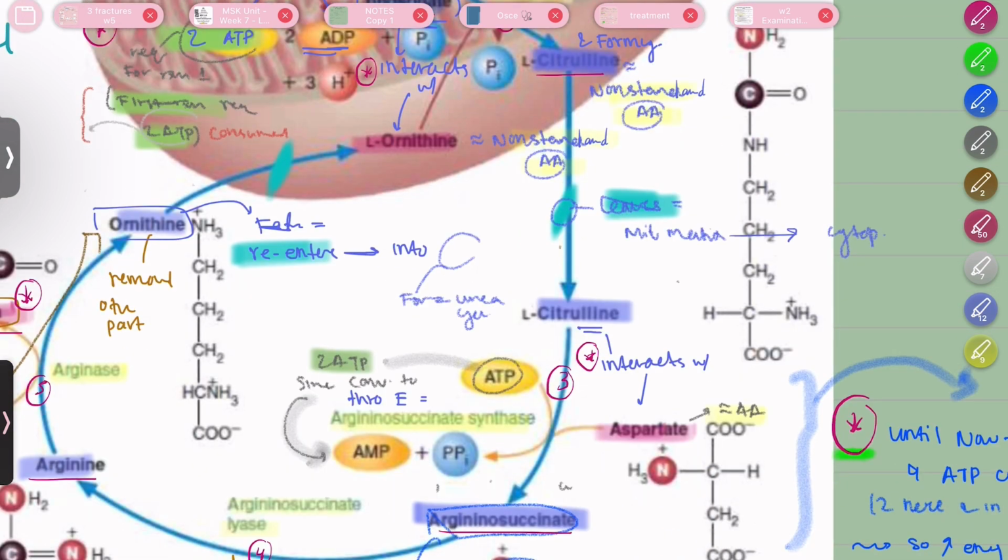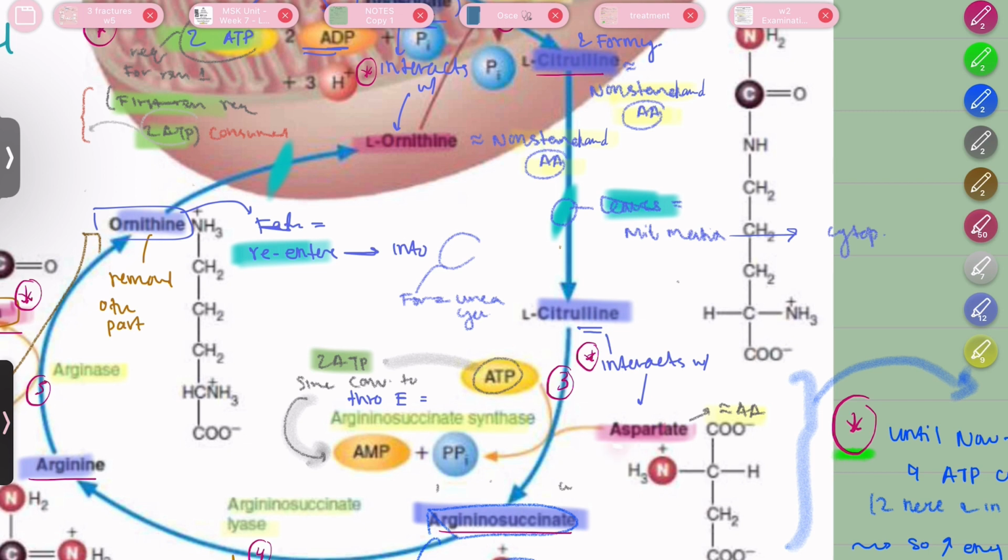And then we will start off with our reaction number three, which is the conversion of citrulline to argininosuccinate by this enzyme, which is the argininosuccinate synthase, because we have synthesized this compound. Now, something important to note here in reaction number three, two things.